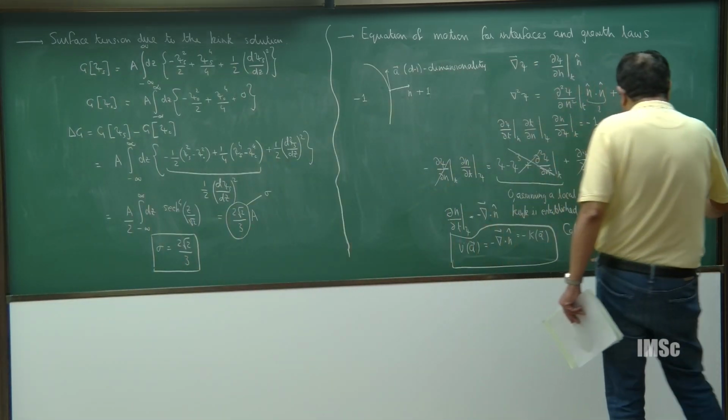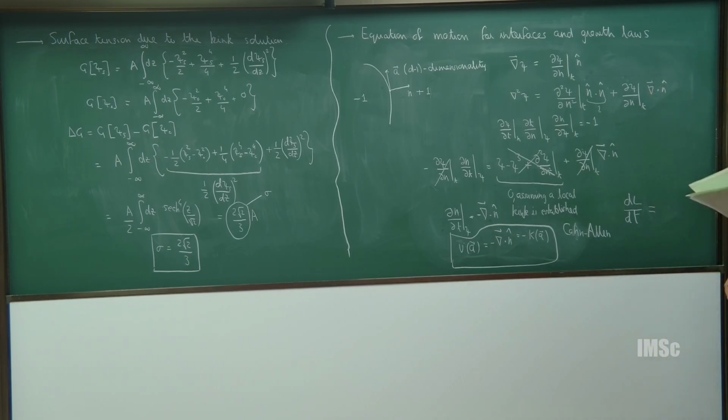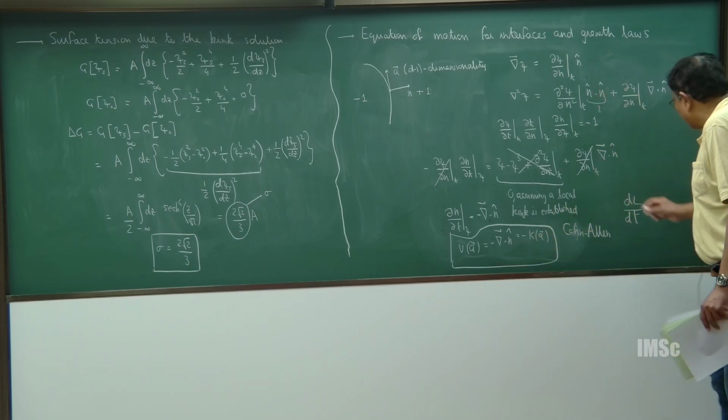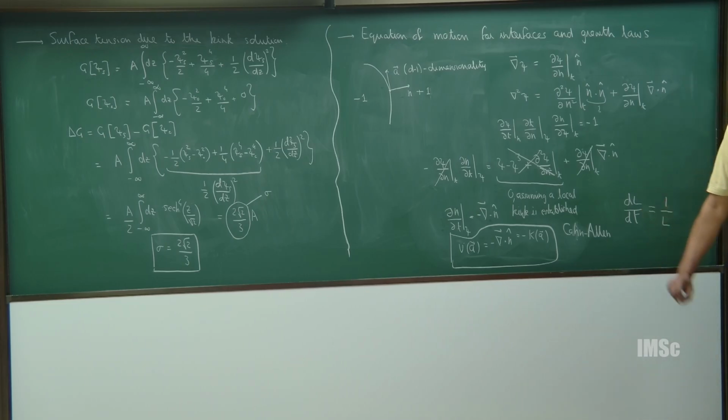What is the curvature of the interface? Well, actually let me tell you, it's 1 over L. I'll derive this for a droplet shortly. The more curvy the interface, the higher the curvature. The smaller droplets have more curvature.